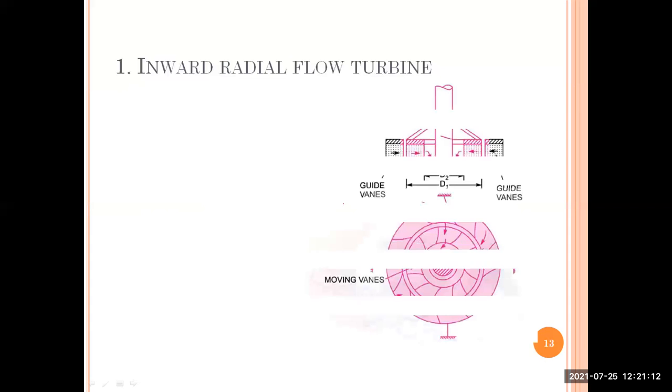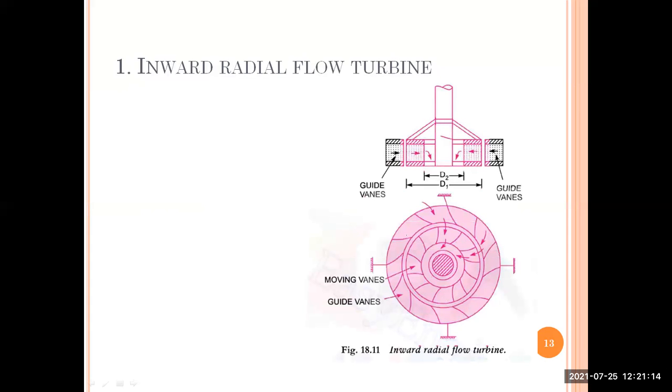So the inward radial flow turbine, you can see here, is how it looks. You have the shaft here, the central part is the shaft, and after that you have a runner here, and around the runner you have a guide vane, where the stationary vanes are fixed. On the runner you have moving vanes. So here the water enters from outside to inside.